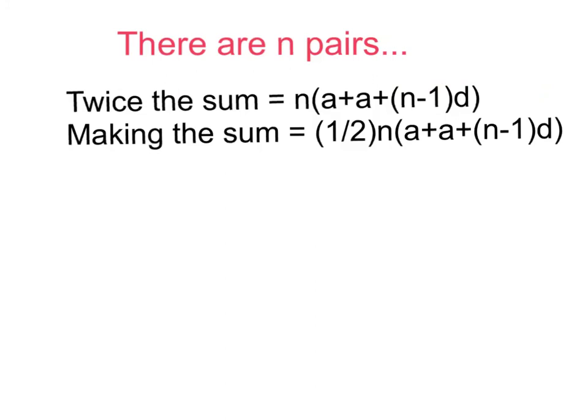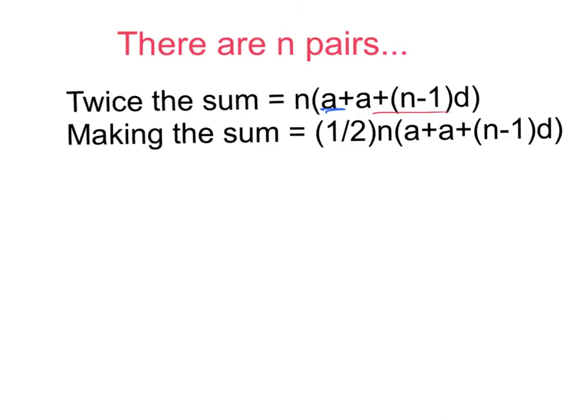And there are n pairs. Oh, so that means n times the first term plus the last term will give twice the sum. Then if we want to get the sum itself, we have to cut that in half. So one half of n times (2A plus (n minus 1)D) is the sum we're looking for.